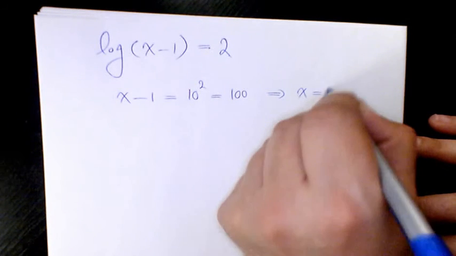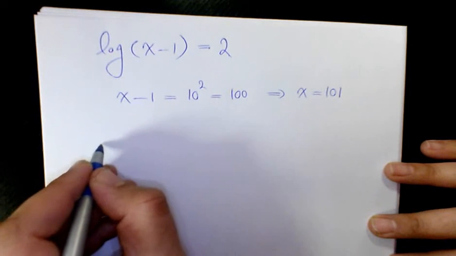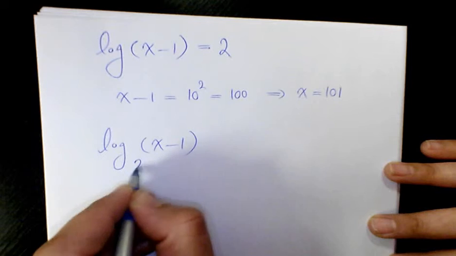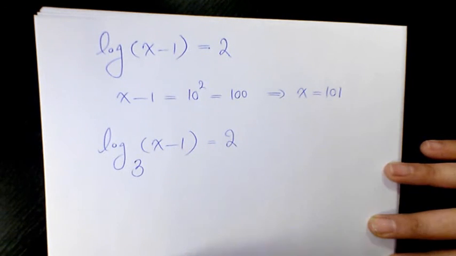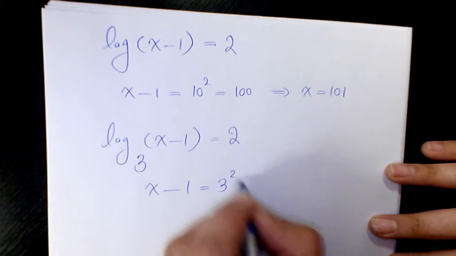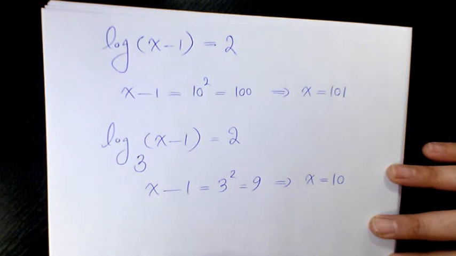So x will be 101. Next example, log of x subtract 1 base 3 equals 2. We can say x subtract 1 equals 3 squared equals 9. Therefore, x will be 10.